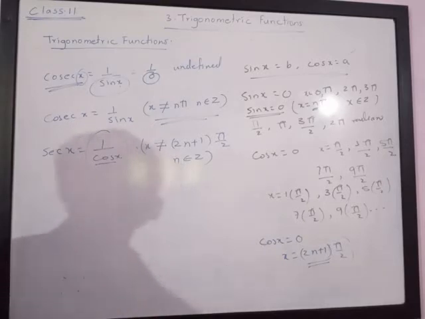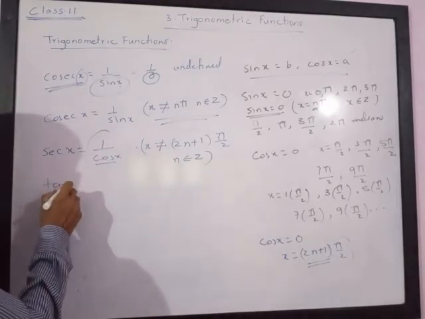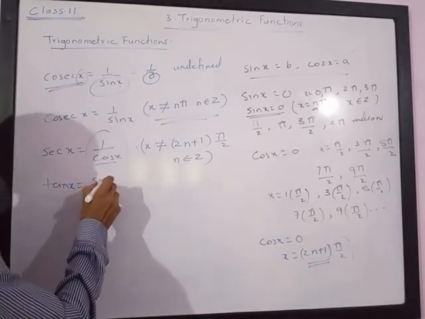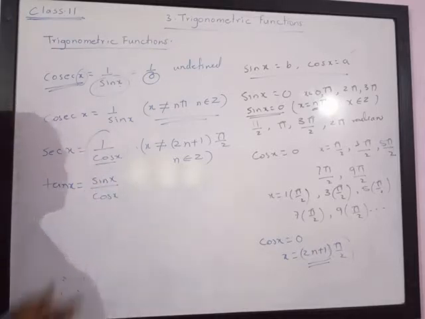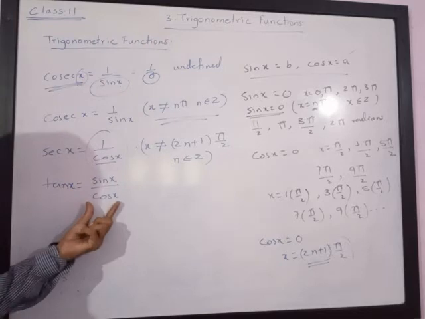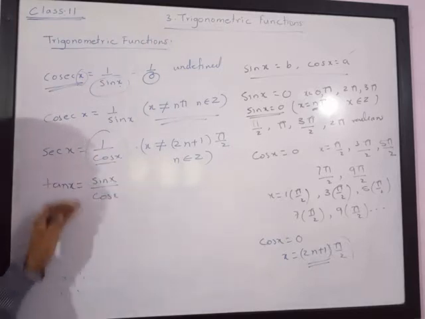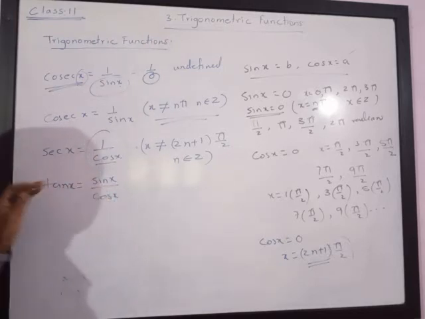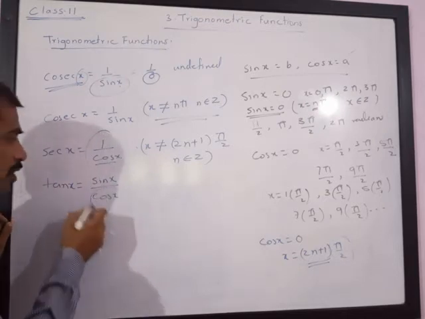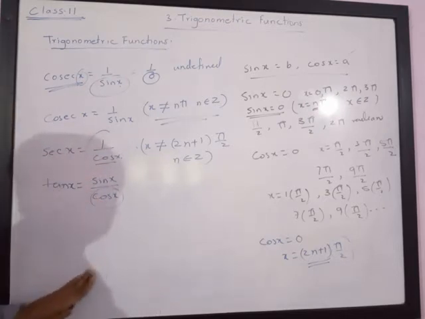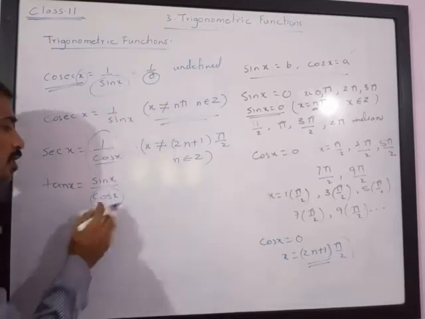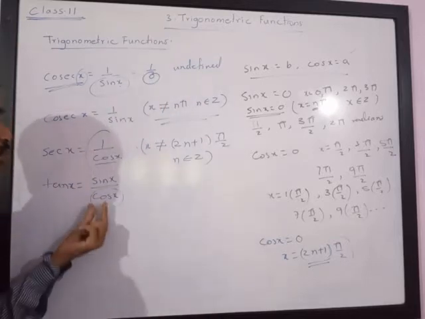Dear friends, next is tan x. Tan x is equal to sin x upon cos x. Again, we know that if the denominator of the fraction becomes 0, then the fraction becomes undefined. So here, if the cos x value becomes 0, then any value upon 0 is meaningless or undefined. So this denominator must not be equal to 0.